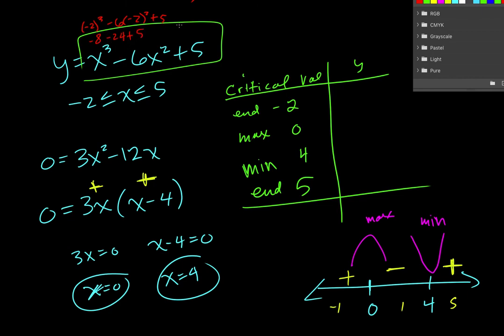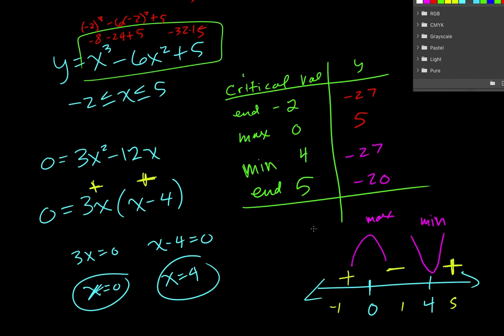Add those together, we get -32 plus 5, and that's -27. Now if I plug in a 0, that goes away, and so we're just left with 5. I'm not going to go through the simplification on this, but if I plug in 4 for both these x's, simplify it, I'm going to end up with -27. If I plug in a 5 for both these x's, simplify it, I'm going to get -20.